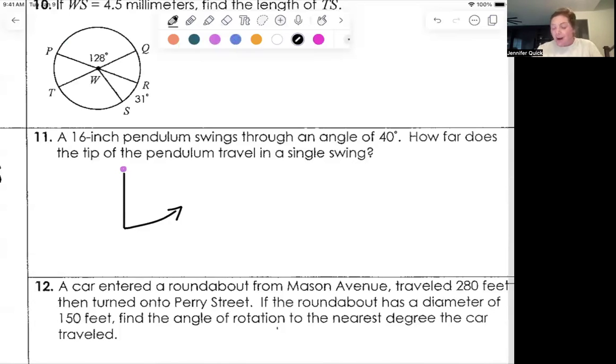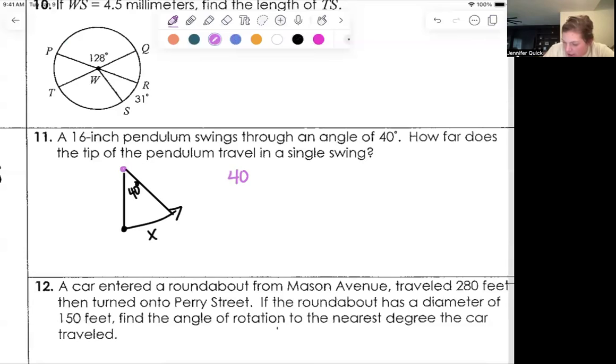Okay? So of a 40-degree angle. So here is my 40-degree angle. How far does the tip of the pendulum travel in the swing? So here's the tip of my pendulum. We want to know the distance that I've traveled in that swing. Okay.